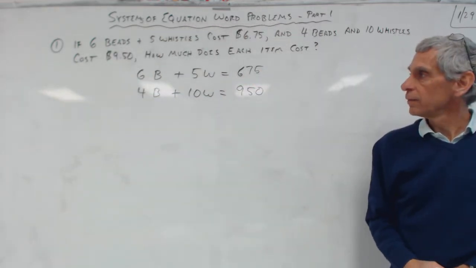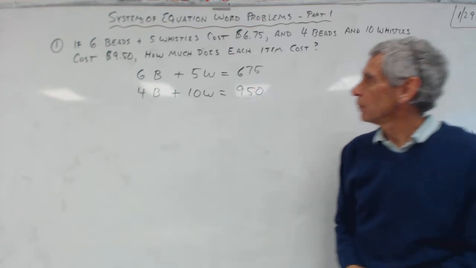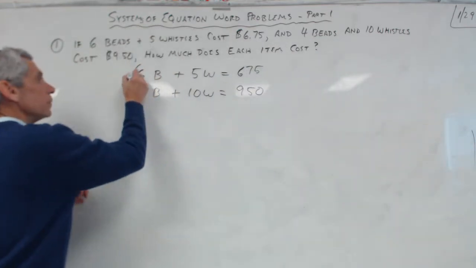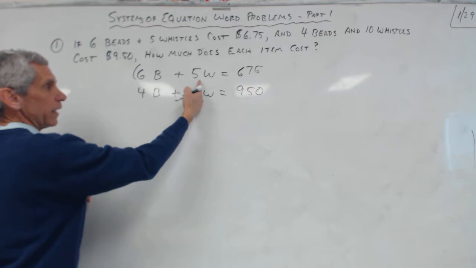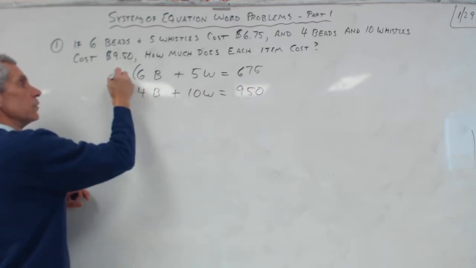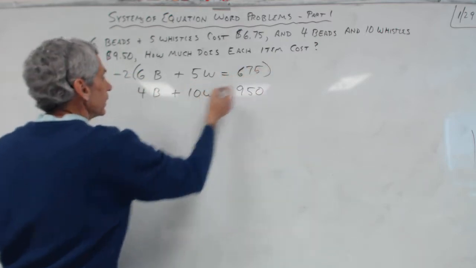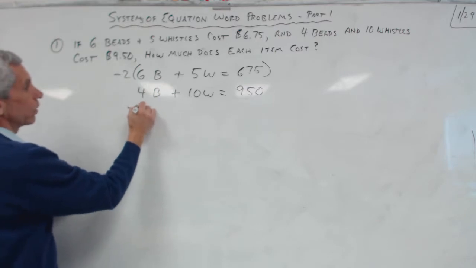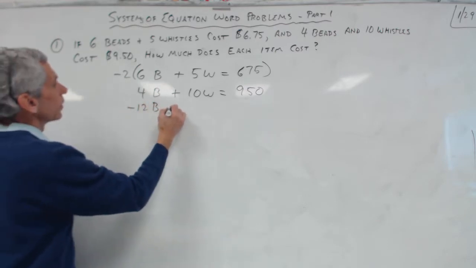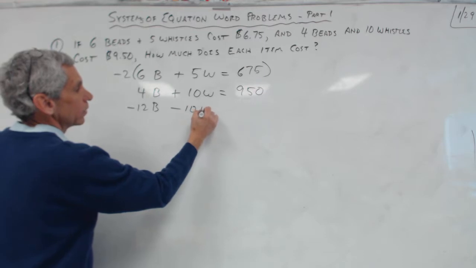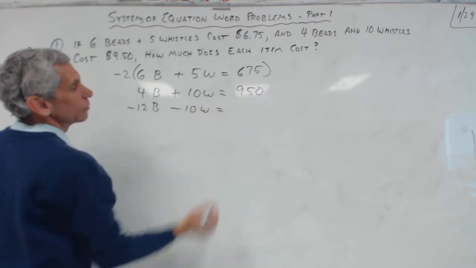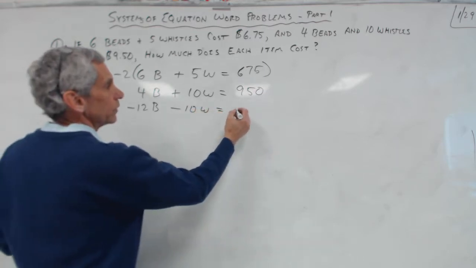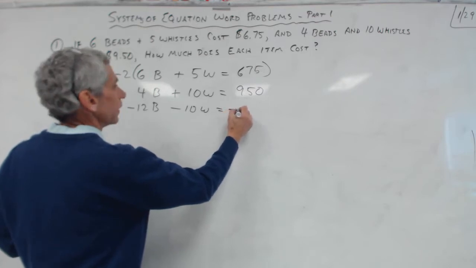Lucas: Maybe multiply the top equation by -2, and then you can eliminate W. Yeah, let's do it, because then it would be negative 10W and positive 10W. So negative 12B minus 10W is equal to negative 1350.